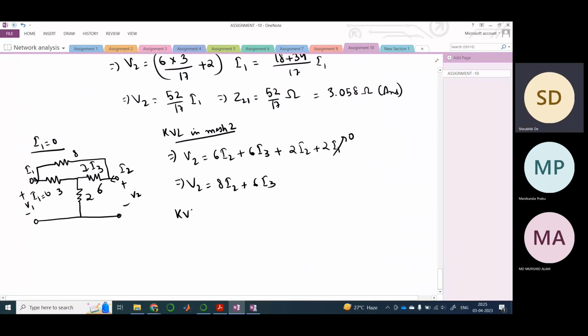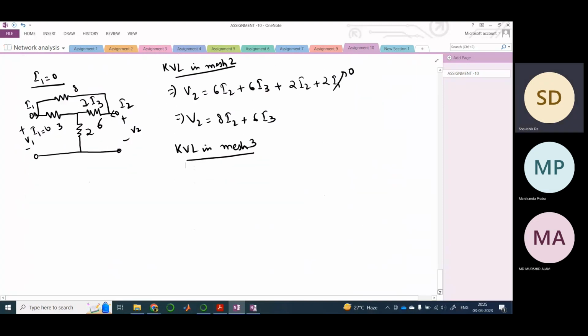Now again KVL in mesh 3. What would be KVL in mesh 3?